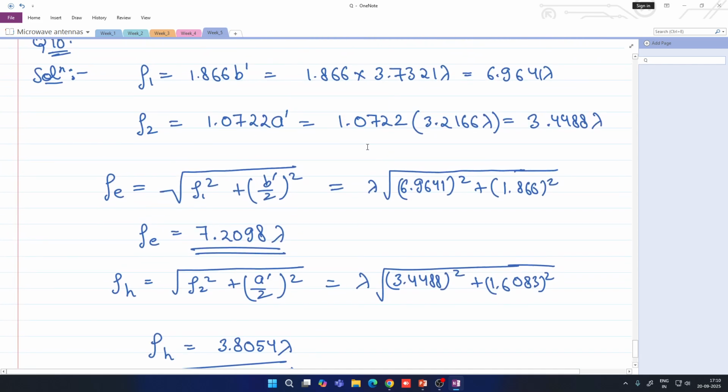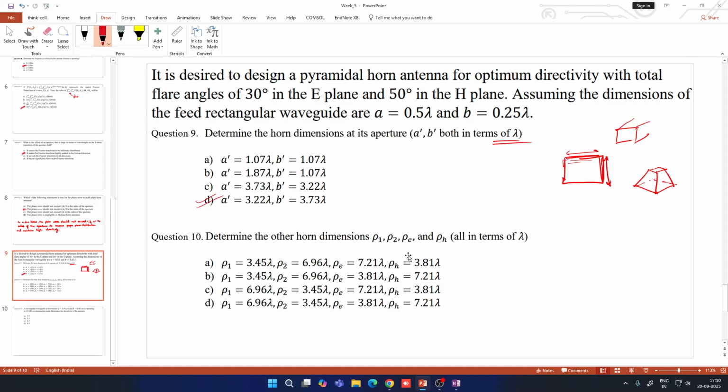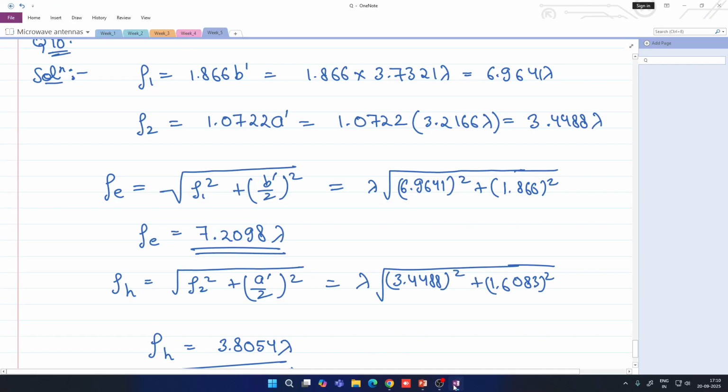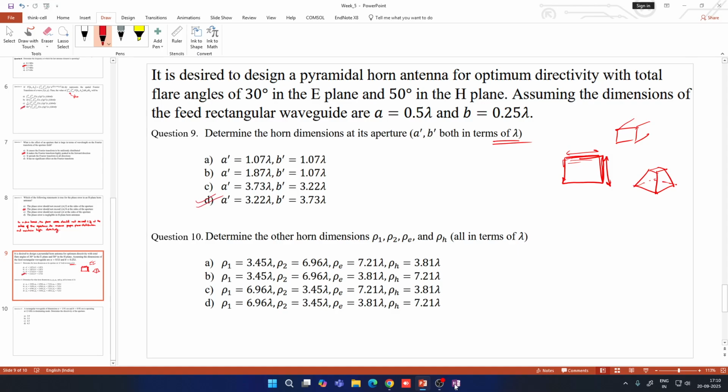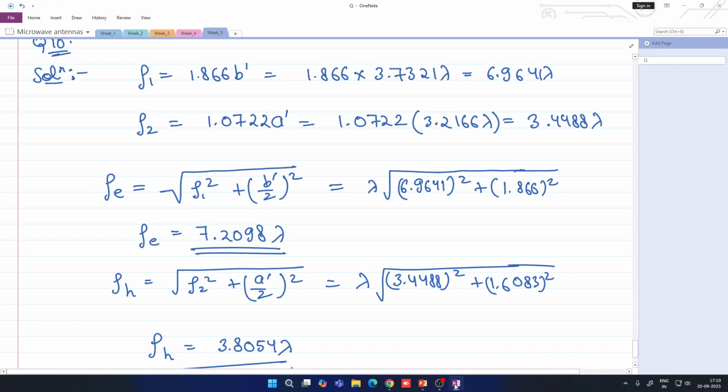So now we got all the required values. Now we'll match it with the given options, and if we match, option C is correct, because rho H should be 3.81. We can write this 3.8054 as 3.81, approximately equal.